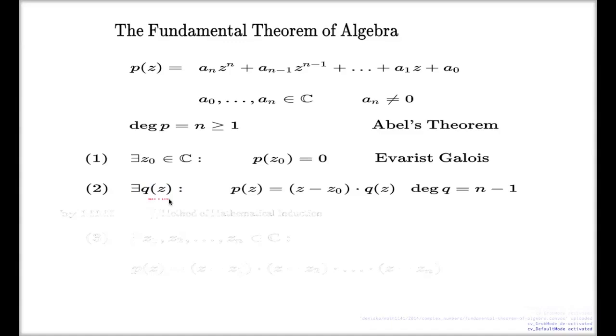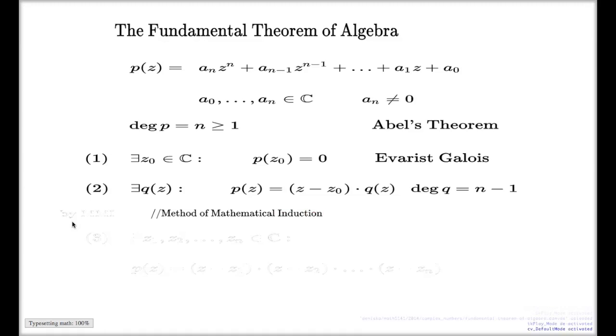You can again divide this polynomial by the bracket carrying that new solution, and then you will reduce the degree of your quotient by 1 again. You will be able to keep doing that as long as you have a polynomial of degree 1 or larger. This is a mathematical induction argument which tells you that you can in fact find not 1 but the whole n roots, and you can factor your polynomial.